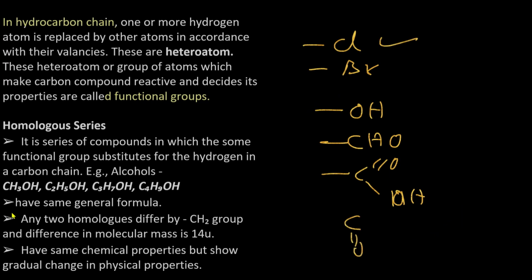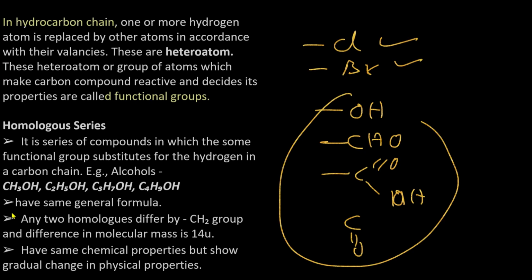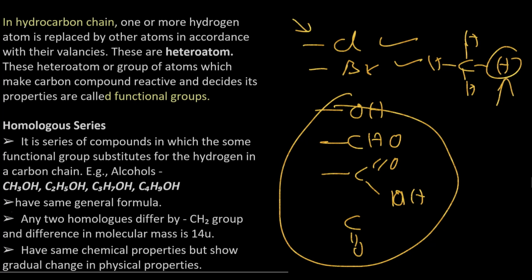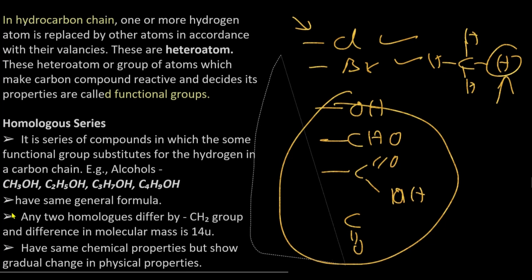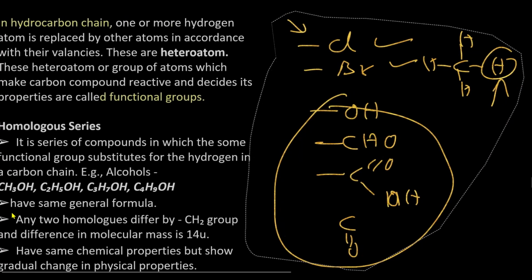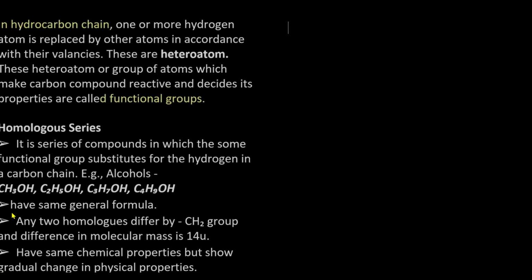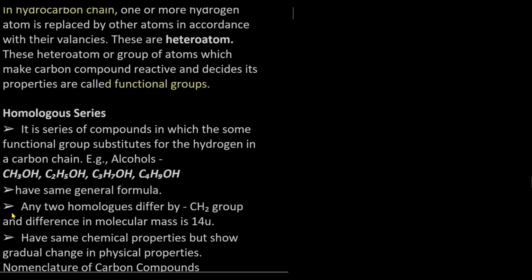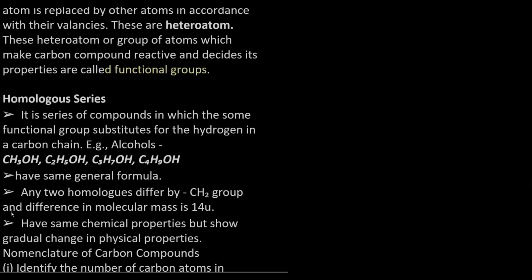So it can be an atom or a group of atoms which substitutes for hydrogen in the carbon chain. As you can see everywhere, this hydrogen was substituted by one of these, an atom or a group of atoms, and confers specific properties to the compound. By that, it means that if the alcohol functional group is present, then it will have some similar chemical properties. Now, let's write one such series.